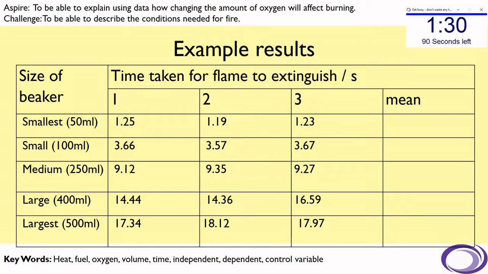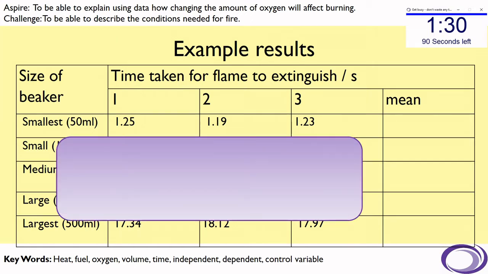Now, we will need to calculate a mean. So what I'm going to do is I'm going to work through the smallest beaker's mean. Now you may remember from maths that to calculate a mean, you add up the 3 values and then you divide by 3.